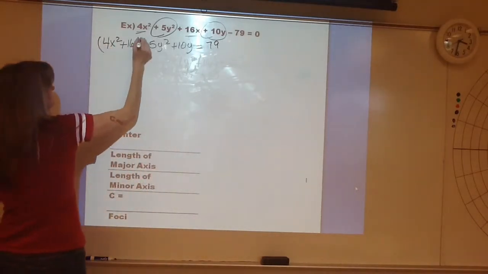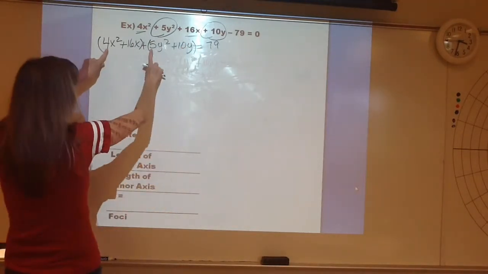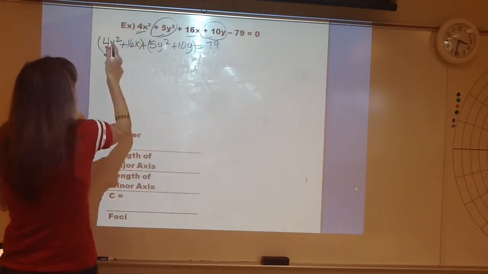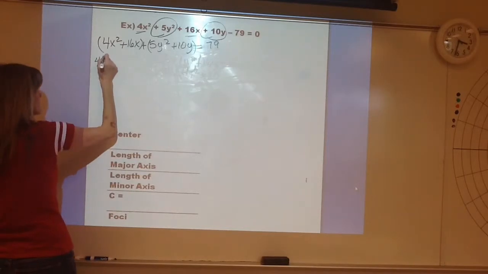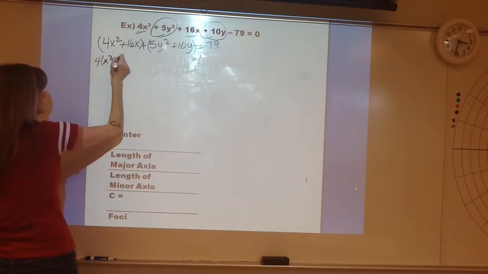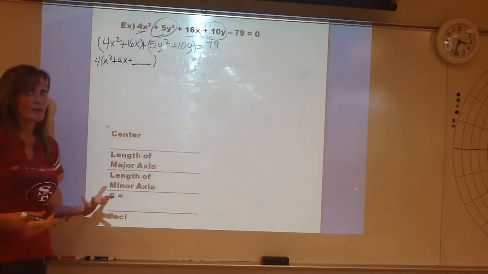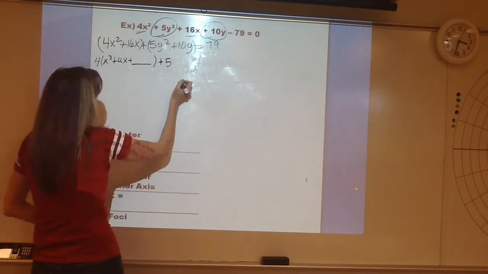Now, I'm going to go ahead and complete the square. But in order to complete the square, remember we have to divide out these leading coefficients out of each group. So I'm going to divide out the 4 here. So I get 4x squared plus 4x plus something to complete the square. Plus, now I'm going to factor out the 5.